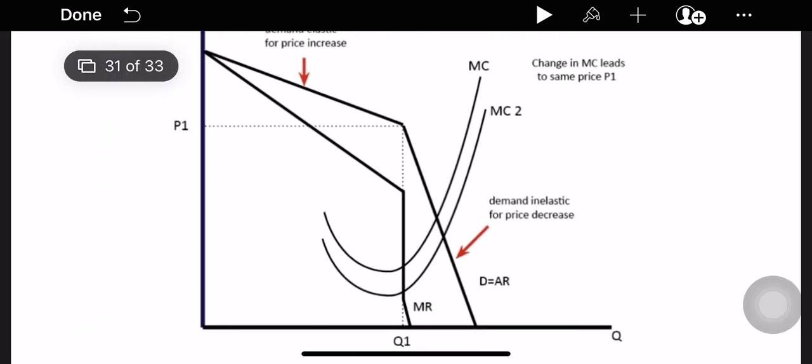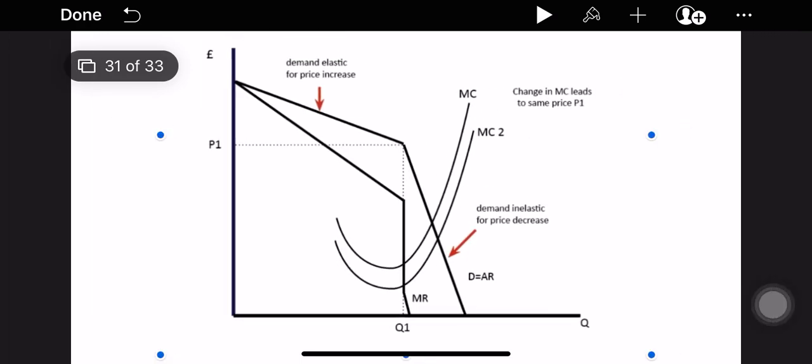Okay? And since na-explain na natin why the marginal revenue curve is underneath the demand curve, you can see that it also follows the curve of this non-colluding oligopoly market. So ito yung non-colluding dahil hindi sila nag-uusap-usap kung paano at saan nila ilalagay ang price.